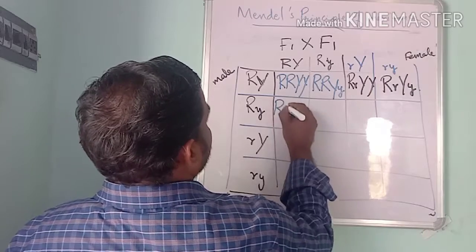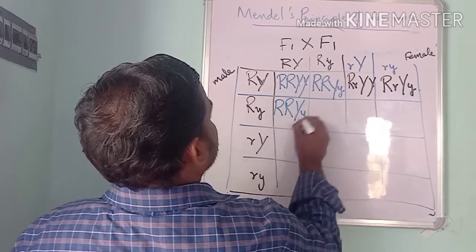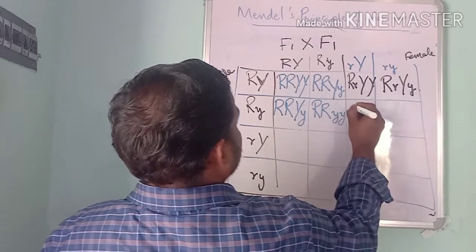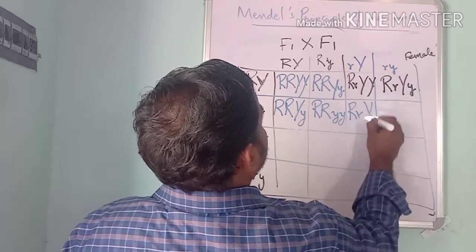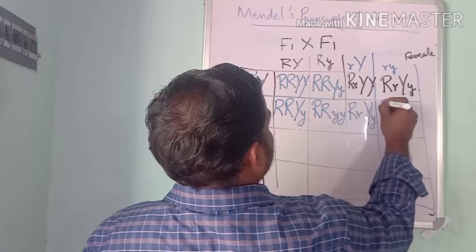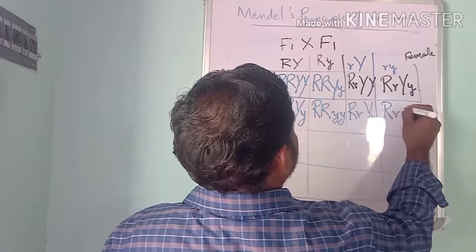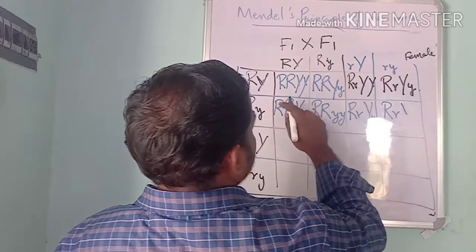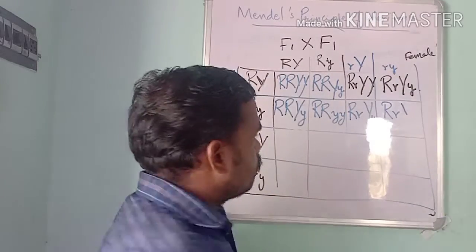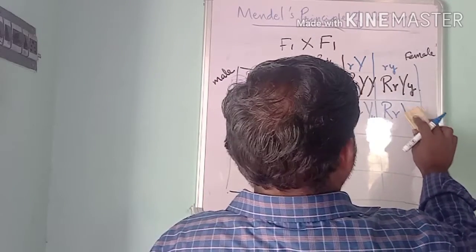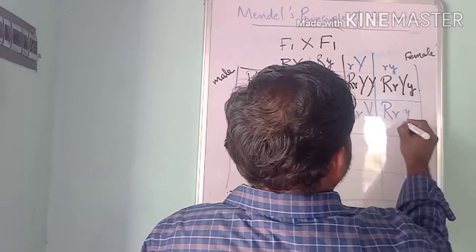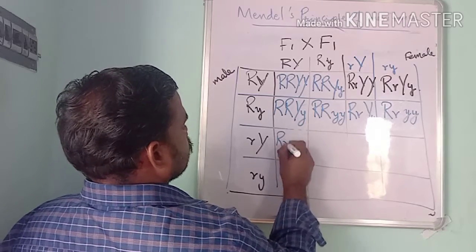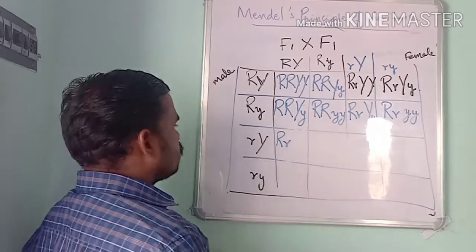Capital letter R. Always the dominant allele should be written first.